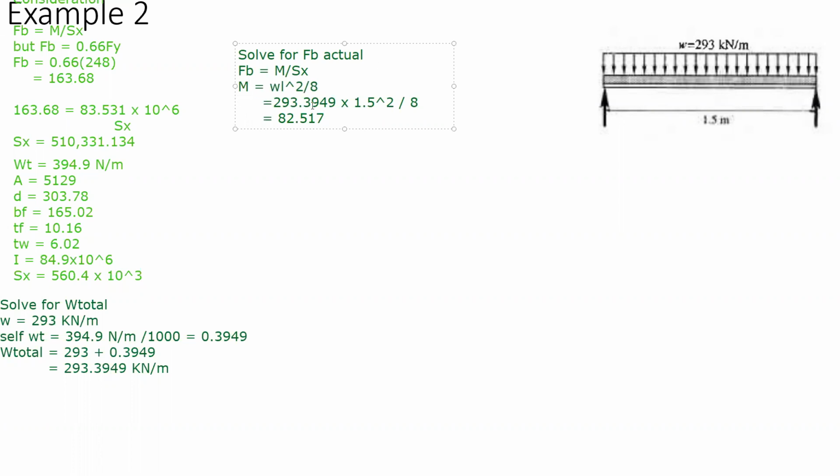This is your M. And SX is given as 560.4 times 10 raised to 3.